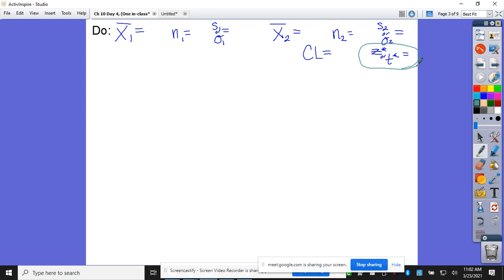Okay, so if it is T, and I'll start to explain the problem, but not get into it yet. If it is T, what do we need to find T?